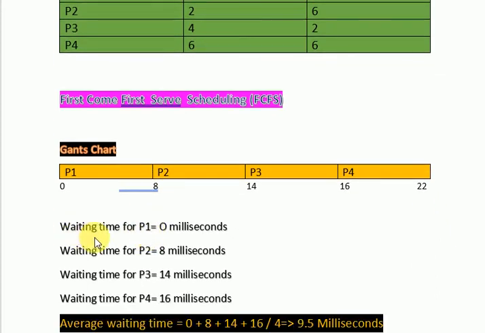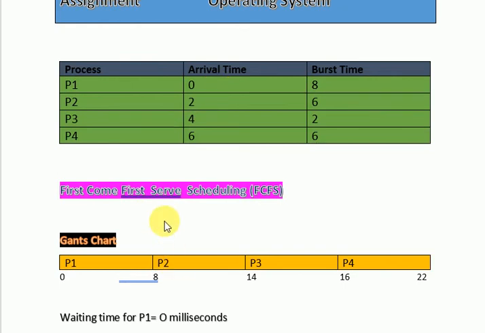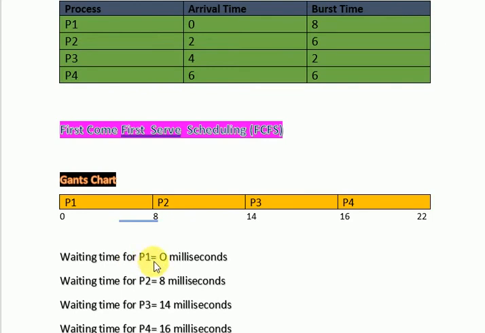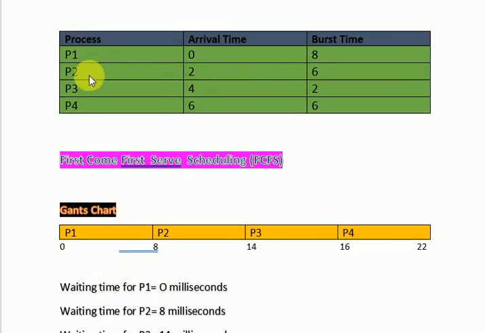Now we are looking for the waiting time for P1, P2, P3, P4. Waiting time depends on the starting point. P1 is waiting 0 milliseconds because, as I have already discussed, P1 directly enters the ready queue. It does not wait.